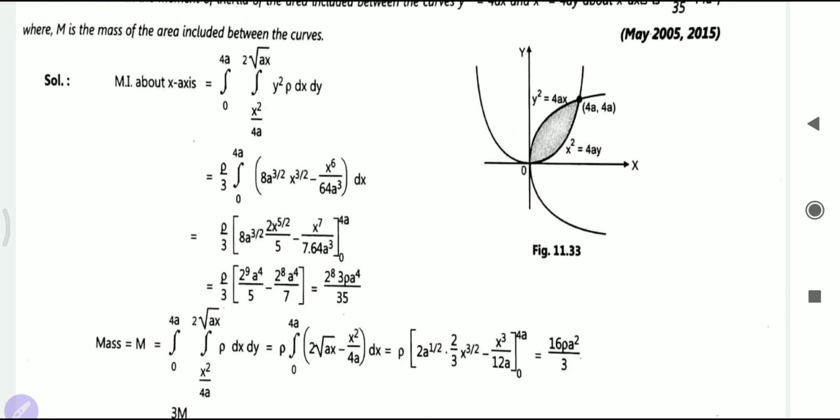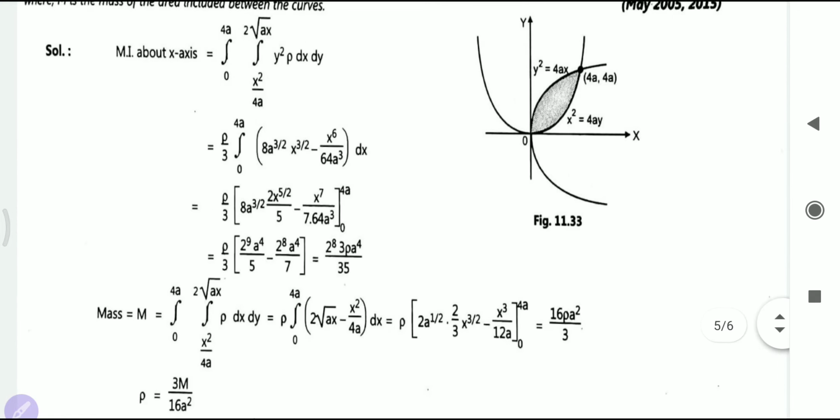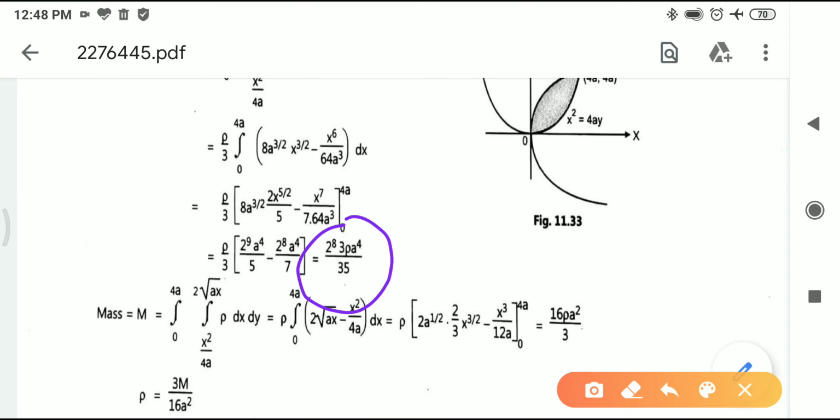Now when you integrate, you are going to get the answer as 2 raised to 8 by 3 rho a raised to 4 upon 35. And then again you have to make use of the formula of mass also. The value of the mass is equal to double integration rho dx dy. From that you are going to get the value of rho in terms of m, and that value of rho we are going to put over here.